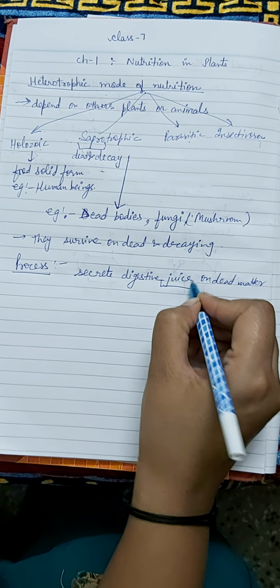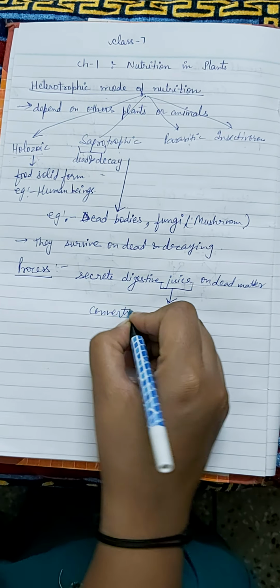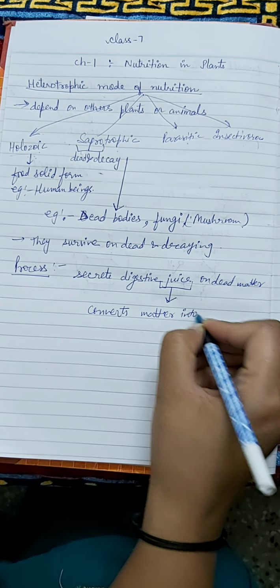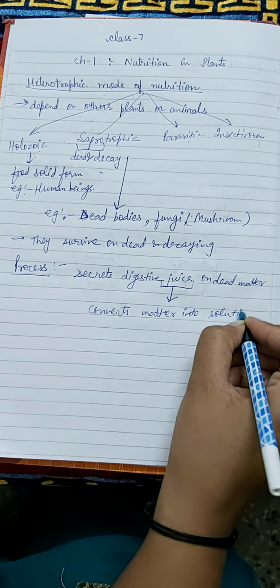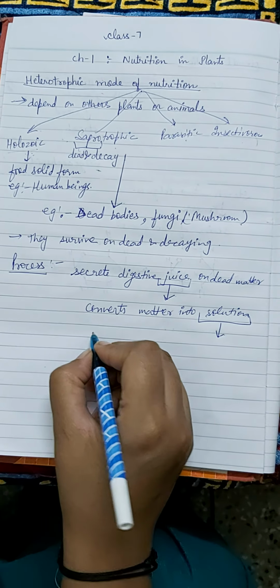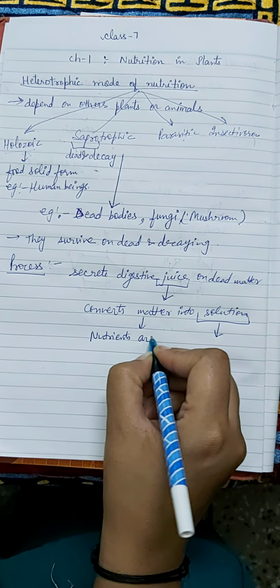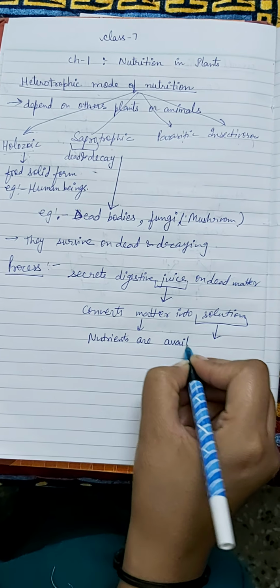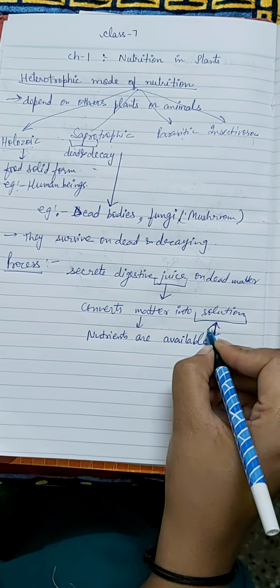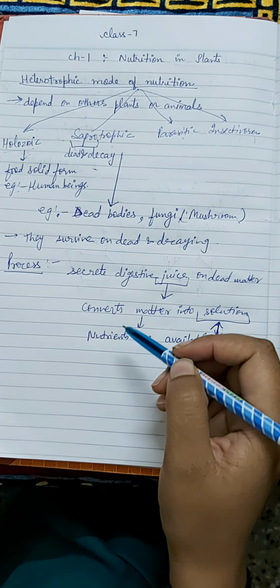Then this digestive juice converts matter into solution, and nutrients are available in the form of solution. It is clear now how they take their nutrition.